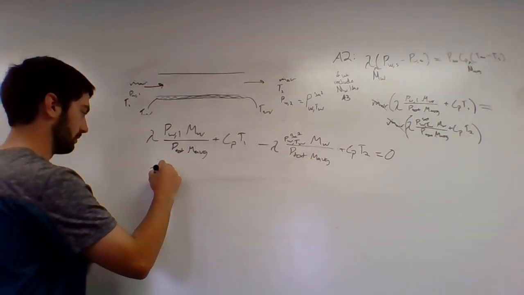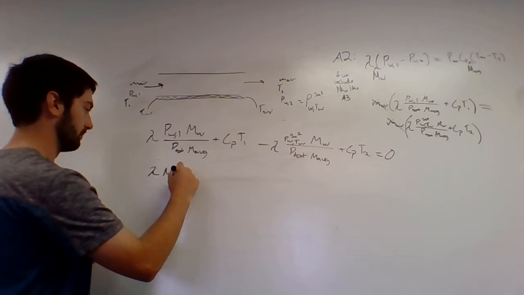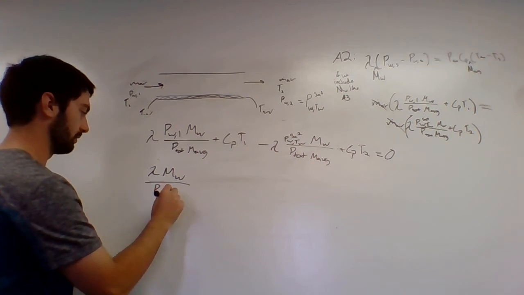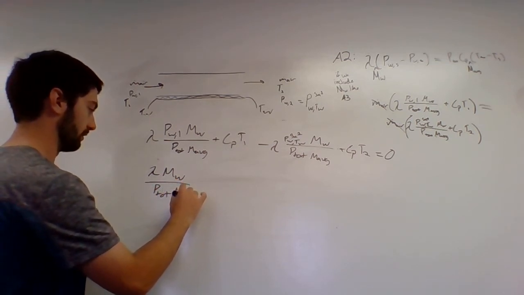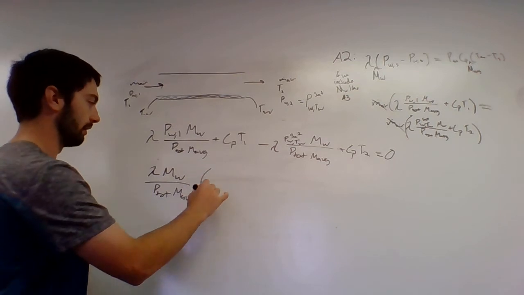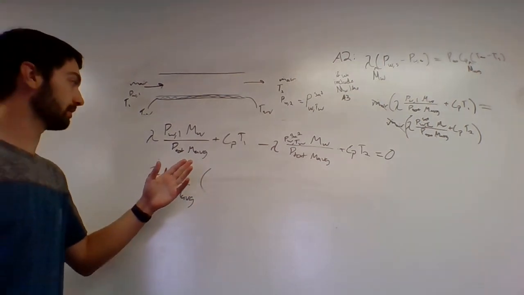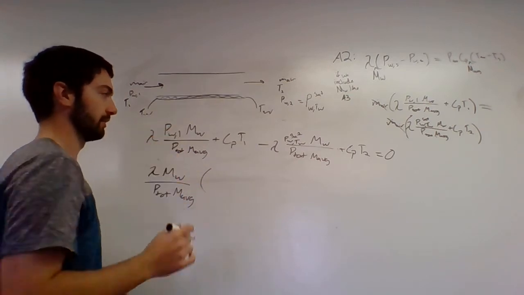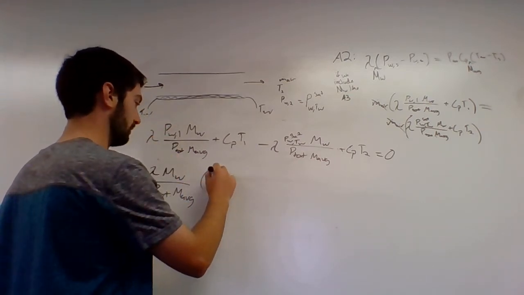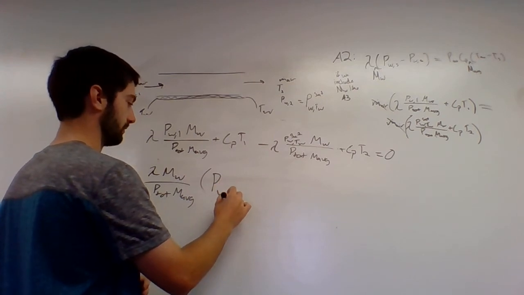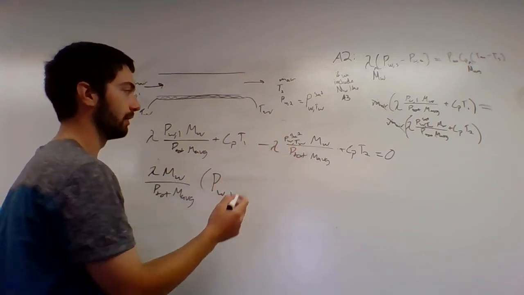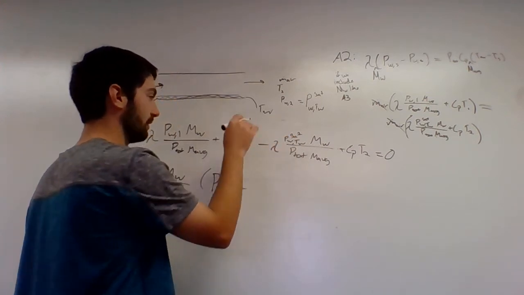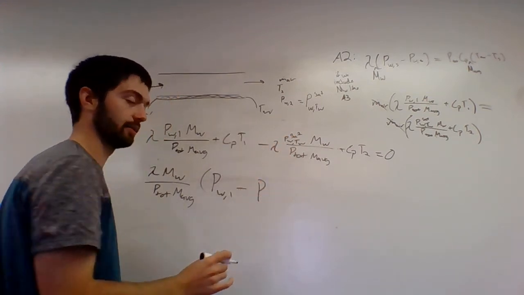So heat of vaporization times molecular weight of water over total pressure times average molecular weight. And we need the terms that aren't common to be included still. So that's this partial pressure at the entrance point, PW1, and subtract the partial pressure at the outlet, which is, as we said, the saturation partial pressure.